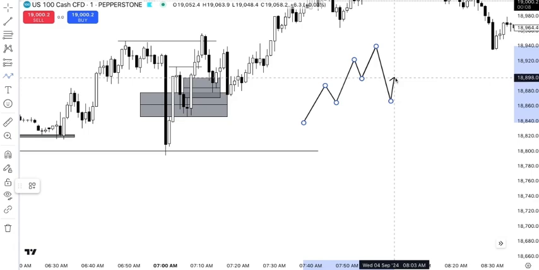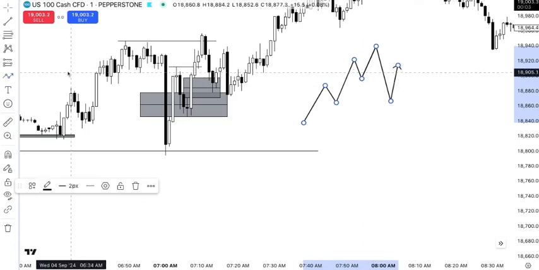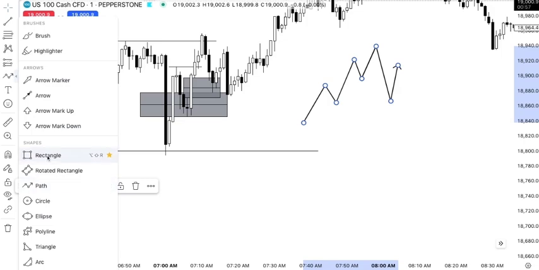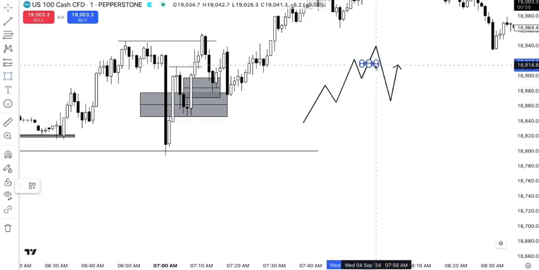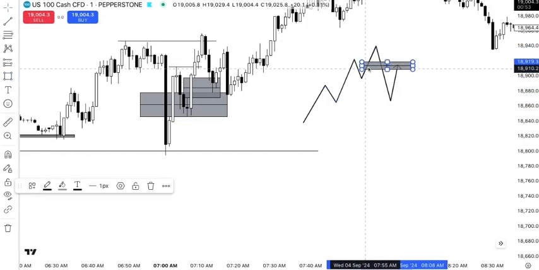Okay, and then we come down and we go into this fair value gap on the other side. So we come into this upward fair value gap instead of the down fair value gap. So it's not used as a retracement, but it is stronger because it's an inverse fair value gap.